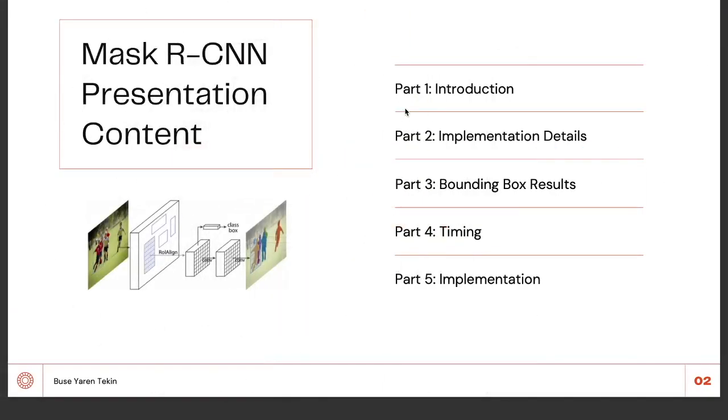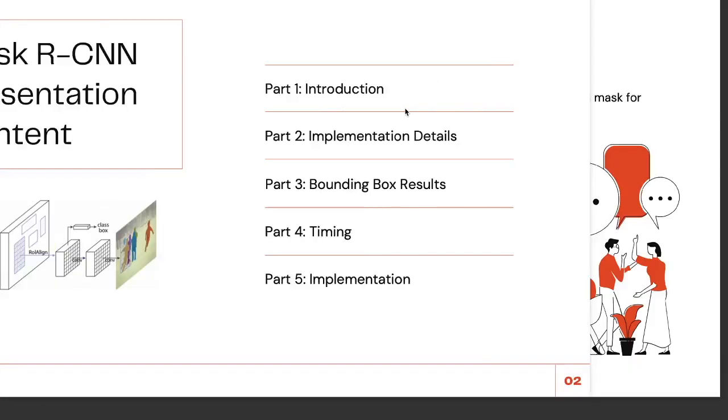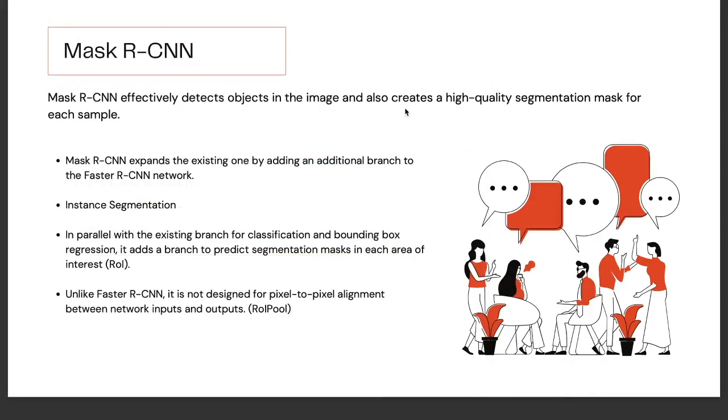Now, I will describe Mask RCNN very briefly since today is a little installation video. I want to give a little information and go to the installation immediately. Mask RCNN effectively finds the objects in the image, that is, the objects we want to detect.